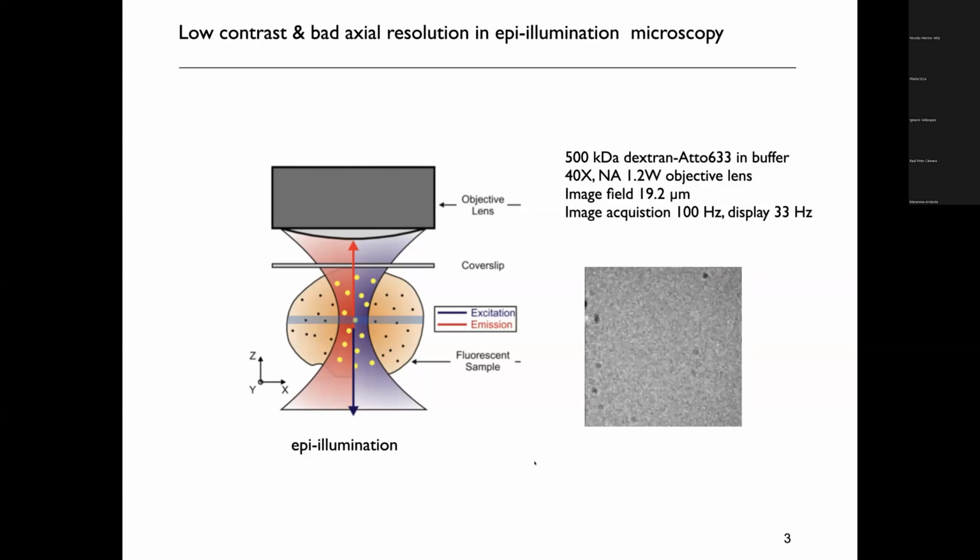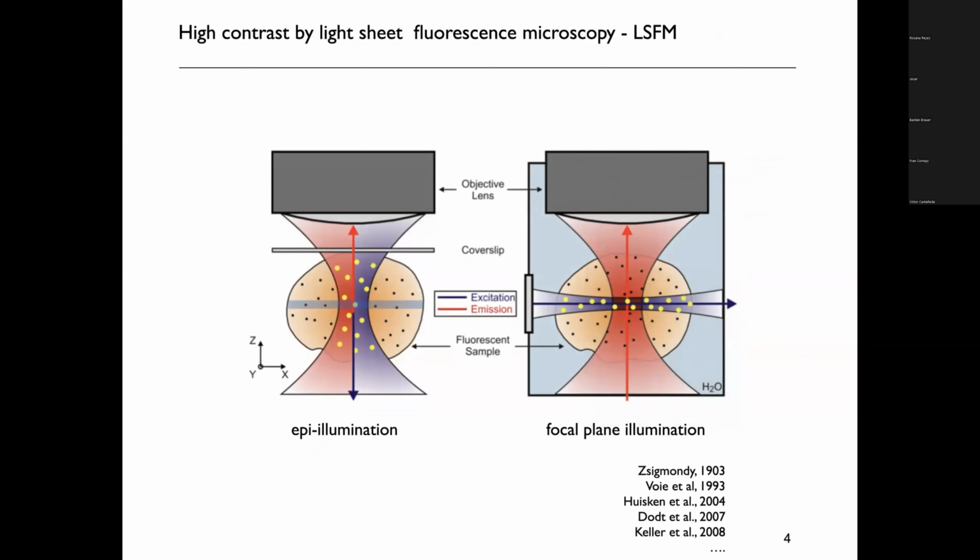So what can be done? What can be done to improve this? And that is to use a very old idea, an idea which was actually brought up more than 100 years ago, and that is focal plane illumination. Here in this sketch, you see that the illumination is not occurring into the sample from the top, and the signal is not detected along the same axis.